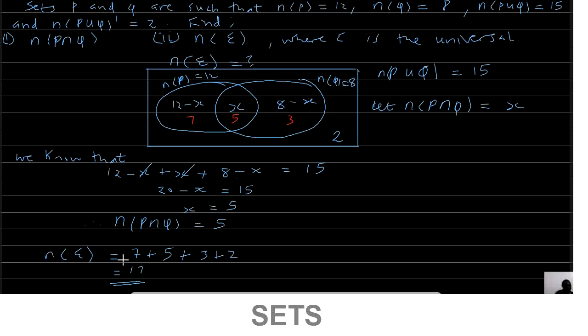Let's have some two trial numbers. Sets A and B are such that the number of members in the universal set is 40. The number of elements in set A is 25. The number of elements in A complement intersection B is 10.